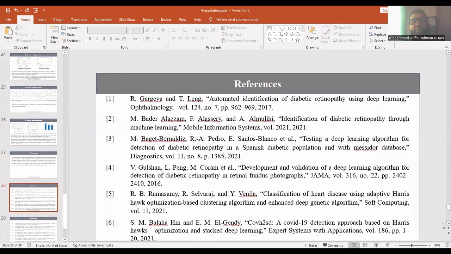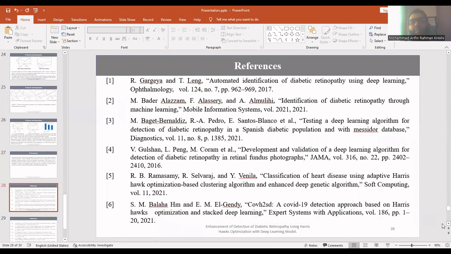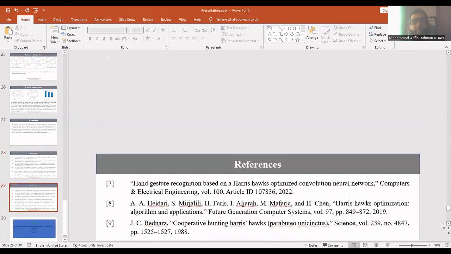I would like to present my references here on slide number 28. Here, I have provided 6 different categories of references. Most of the references come from 2021. A few of the references I have added in my next slide, 29.